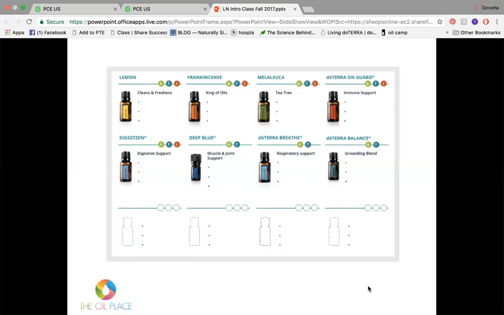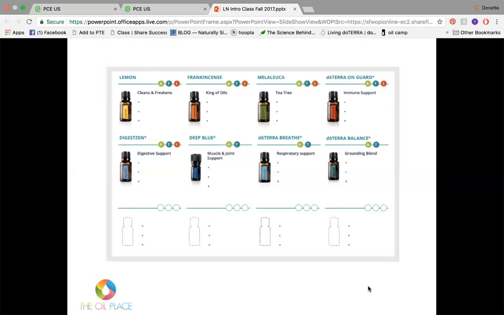The next one is wild orange. Wild orange is, I believe, $10.50. It is an amazing oil for everybody, especially children that might have a little bit of mood issues, maybe a little temper tantrum.